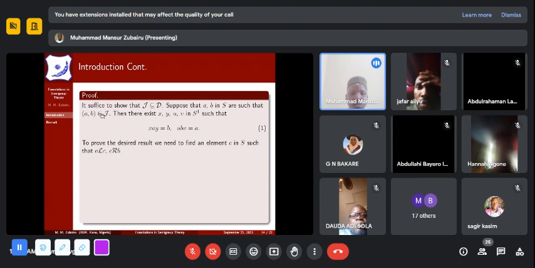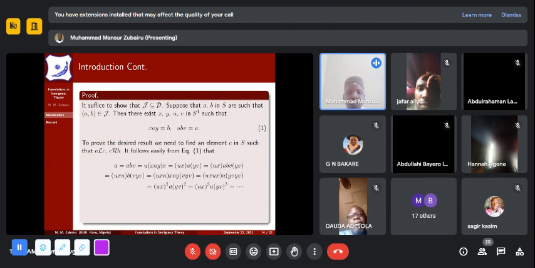Because we pick (A, B) in J, we need a C that will link A and B by this composition. And once this happens, we know L composition R is D, and then automatically (A, B) will be in D. So now, from this equation 1, we can have some sequence of equations.